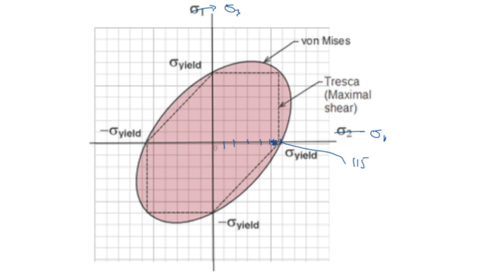So our point is right below the x-axis right here, and you can see at that point there's very little difference, if any, between the von Mises and the maximum shear stress theory. So this is 110 minus 0.428. That's the location. If we had a point down here, you would see a much bigger difference in the factor of safety.